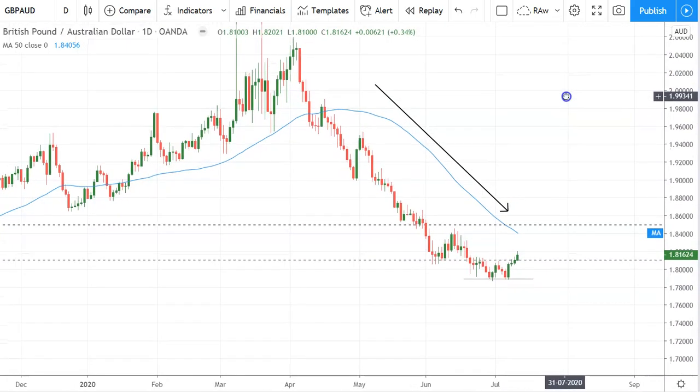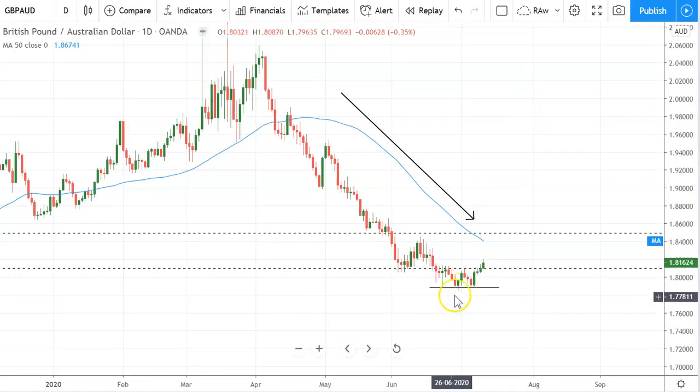Pound AUD. I'm looking for a technical correction, really. We've had this long move down, and a lot of people say this is going to go lower, blah blah blah. But look, just let the market make the decision for you.